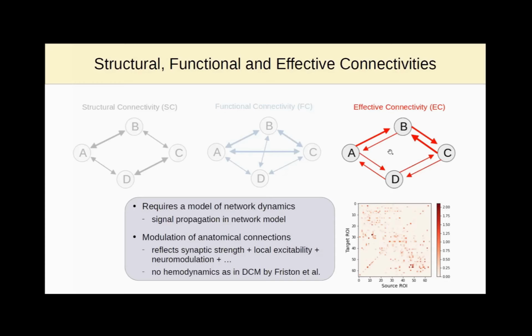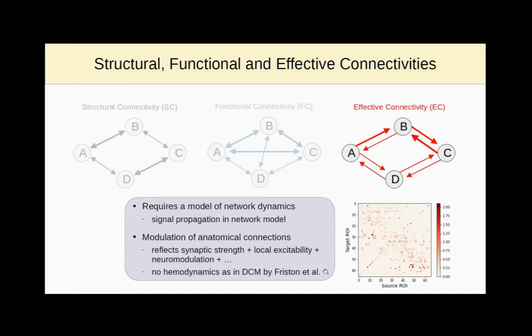As a result, this model, when fitted to the data, describes via the effective connectivity a mixture of the effect of synaptic strength, local excitability, neurodegeneration, and so on, that explain the brain communication.